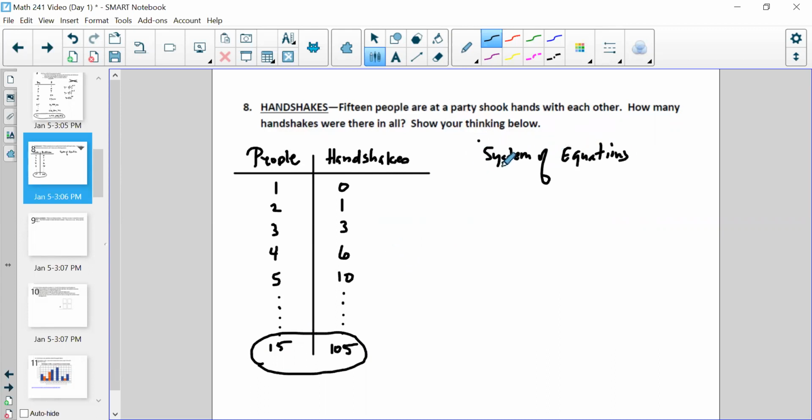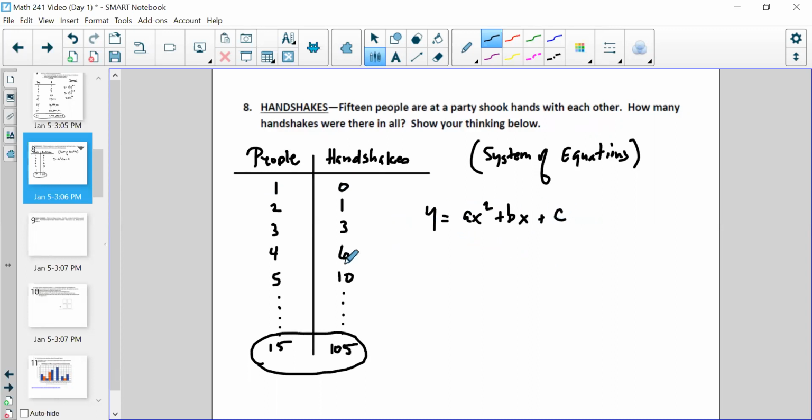So when you're thinking of systems of equations, first we need to look at, well, this is going to be a quadratic model, and so ax squared plus bx plus c is going to be our formula for a quadratic model, where c is actually going to be 0, because with 1 person, it's going to be 0.